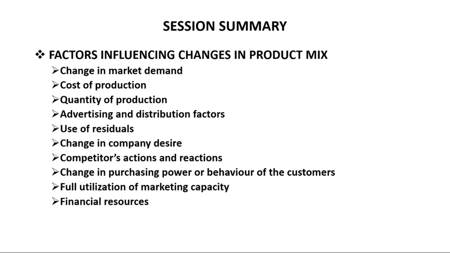Change in purchasing power or behavior of the customer, full utilization of marketing capacity, and finally the financial resources. So the company needs money. To earn maximum money or profit, the company will either stop producing an unsuccessful product or increase the production of a successful product. So all this will have an impact on its product mix.